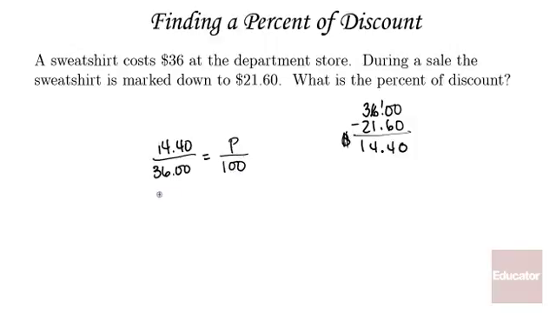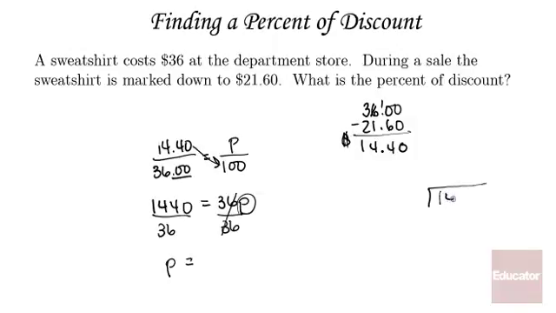I'm going to cross multiply here, cross product, and I get 1,440, and over here I get 36p. You can take off the decimal and the zeros here. And now I'm going to divide both sides by 36 to isolate p, and let's do our division on the side here.